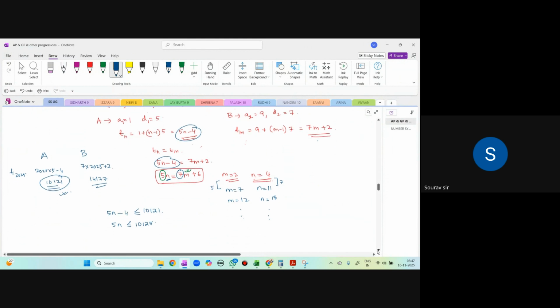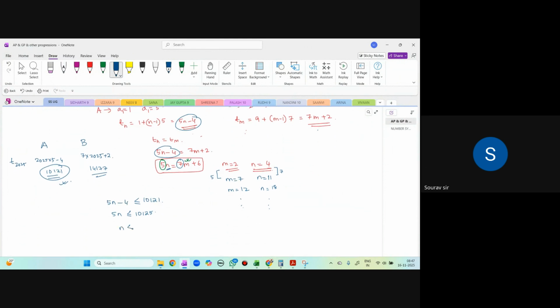So n has to be less than or equal to 2025. Okay, n has to be less than or equal to 2025.